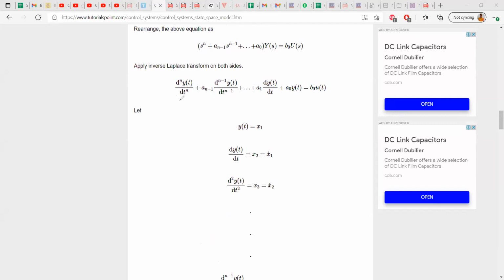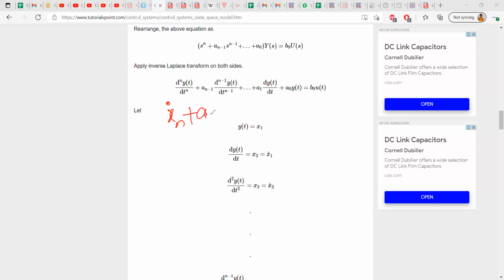What is the term? What is the first term? d power n by dt power n, sir, which is xn dot.